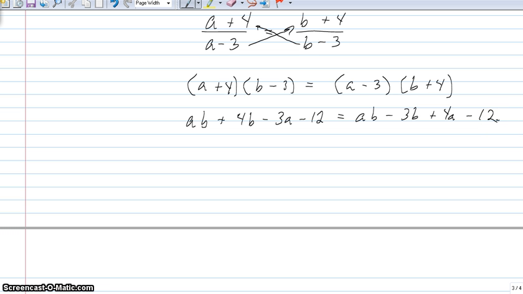Okay, so I can see some terms that are common on both sides. AB and AB, I can just subtract that from both sides. I've got negative 12 and negative 12. I can add that on both sides. And so what am I left with? Let's just rewrite this so it looks a little neater.